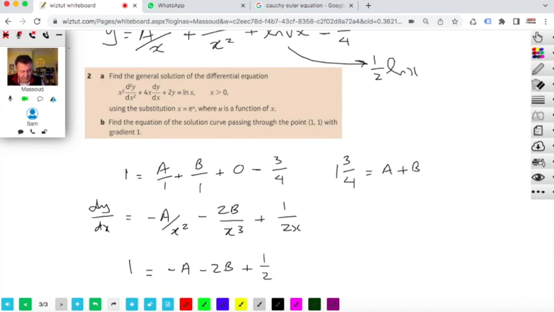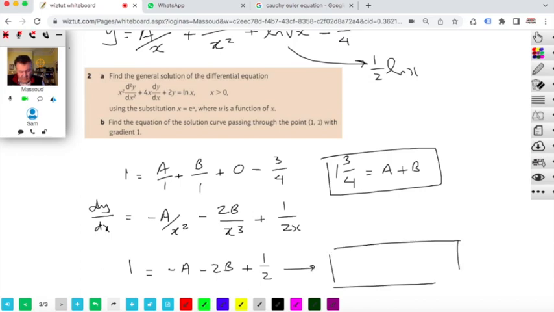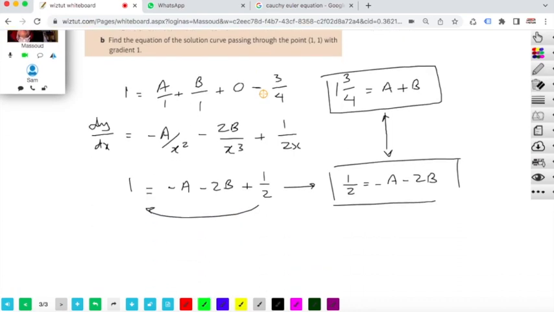So that was my first equation. So that gives me also another equation, which would be, so I'll take the half to the other side. So it'll be a half is equal to minus a minus 2b. And of course, this is not a difficult thing to do. So you can just solve these as simultaneous equations, and that will give you the a and b.